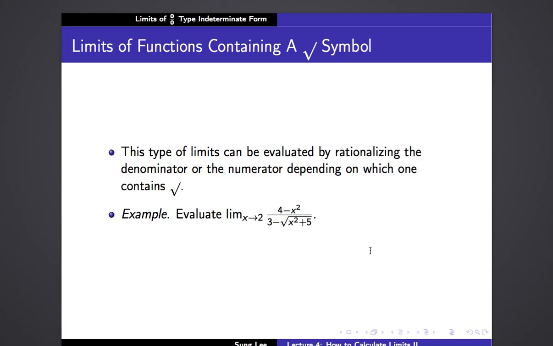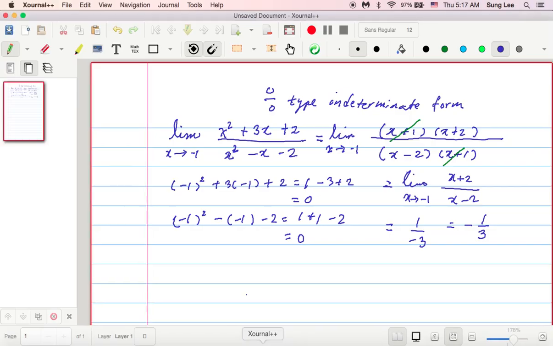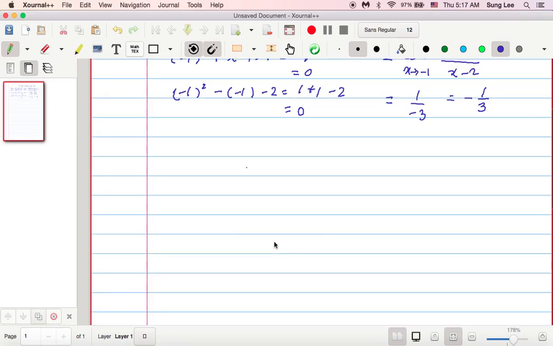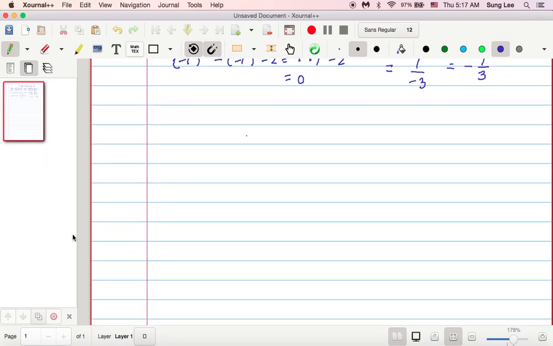We want to calculate the limit of this function when x approaches the number 2. All right, so to work on it, let's move to my notepad. So here we have the limit, okay?